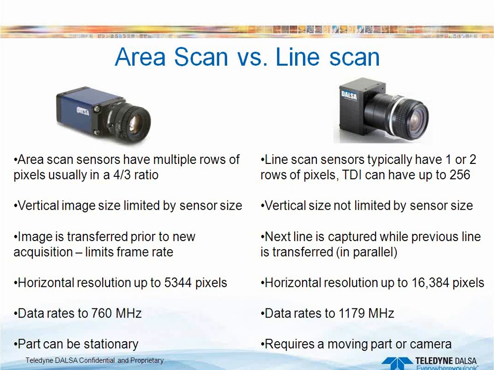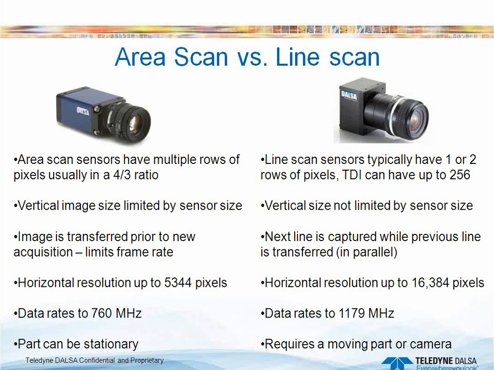Right now, among commercial cameras, you're limited to a horizontal resolution of 5,344 with data rates up to 760 megahertz. And the part needs to be stationary. When I say stationary, it could be a moving part, but of course you can strobe or freeze frame that part as it's going by.